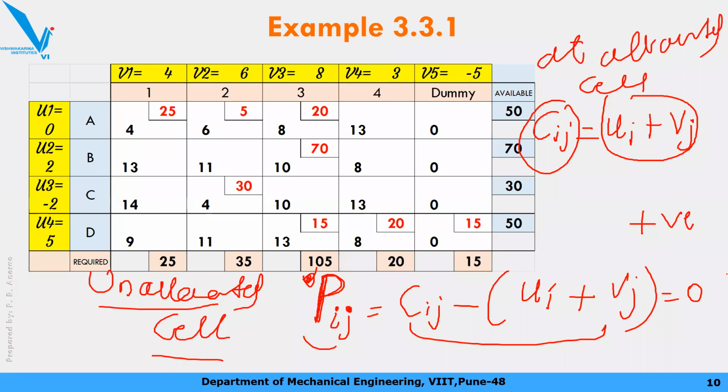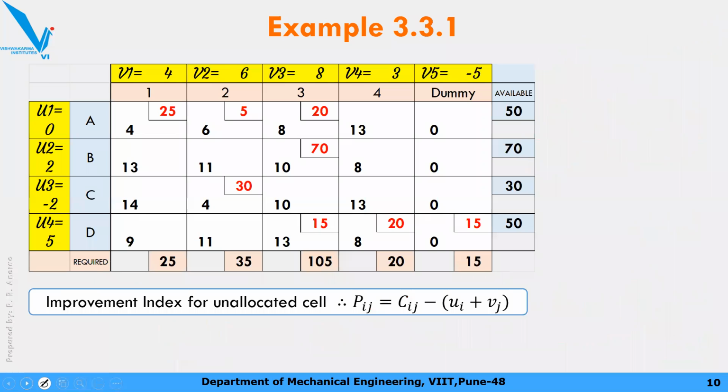If this Pij or improvement index is negative, that means there is scope for improvement. You can minimize the transportation cost further by allocating that unallocated cell. Okay? Similar to our stepping stone method. So remember this formula. Actually, it's very easy to remember. Penalty or improvement index is calculated as Cij minus Ui plus Vj.